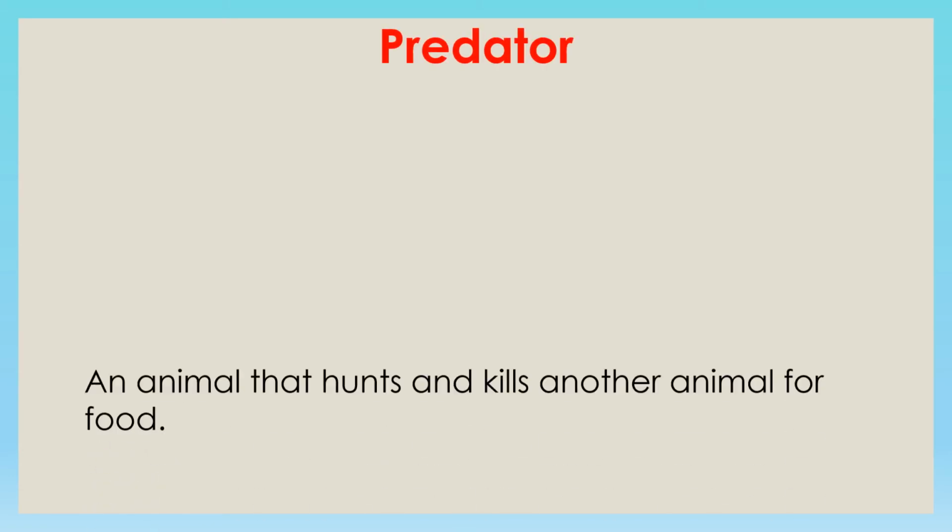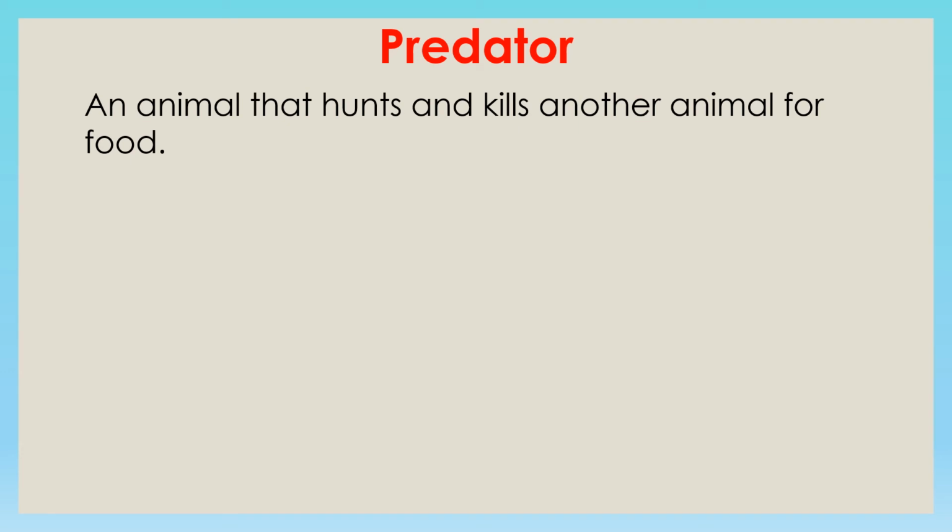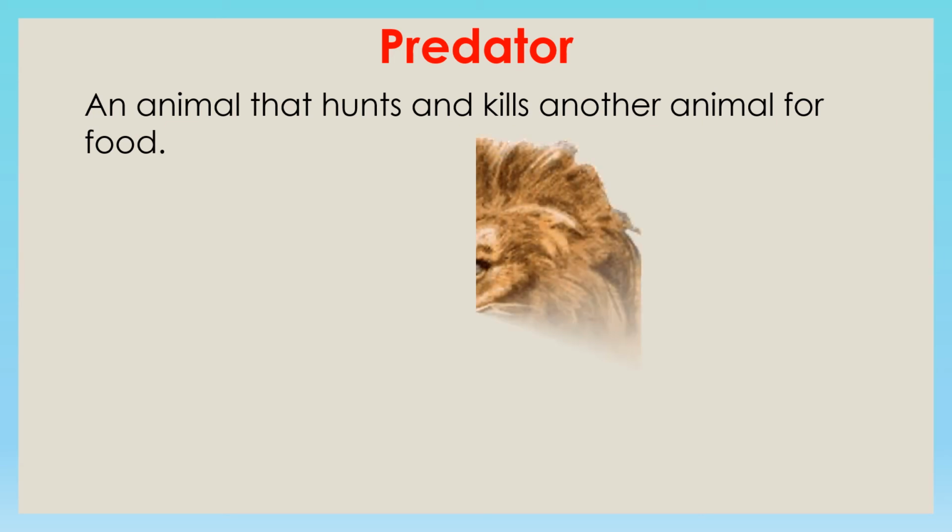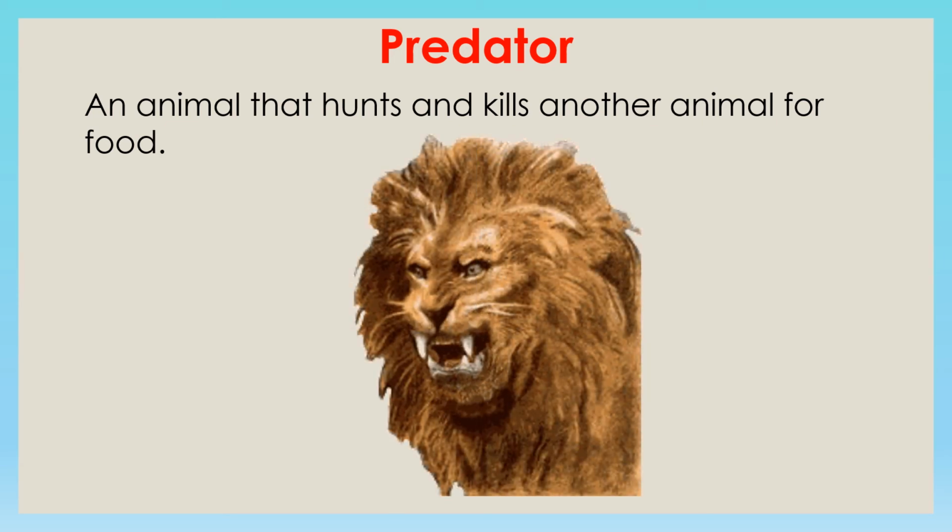Okay, so let's talk about the key players in the feeding activity. So we have what we call a predator. A predator is an animal that hunts and kills another animal for food. The best example is a lion. And of course, if there is a predator, we also have a prey.